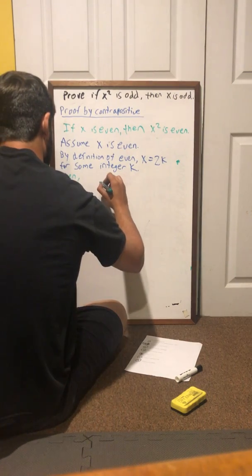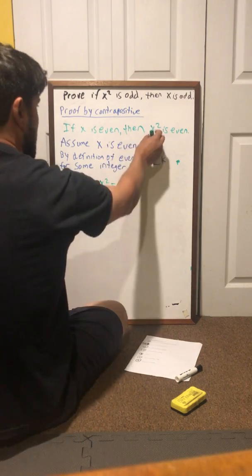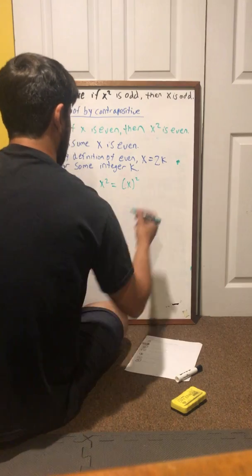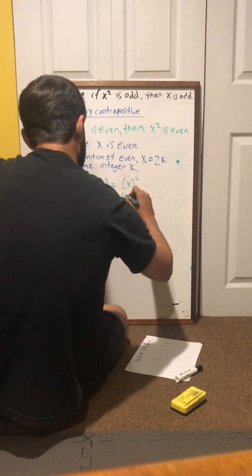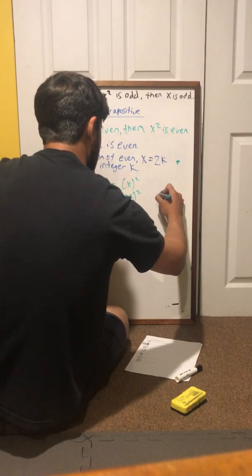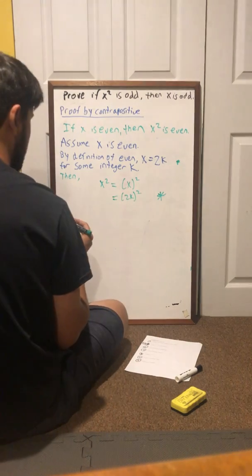So we're going to say x squared equals (2k) squared, all right? And that's where the star comes in. We just substituted 2k for the x here.